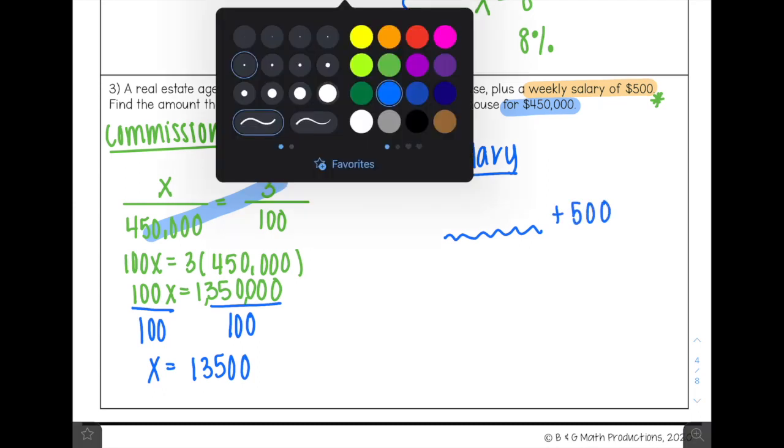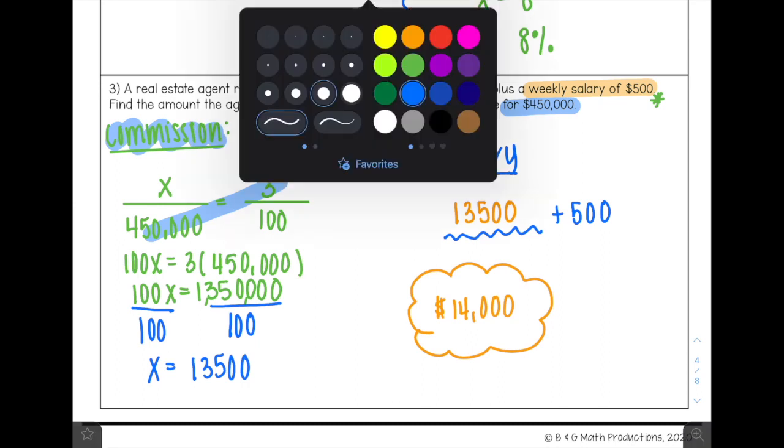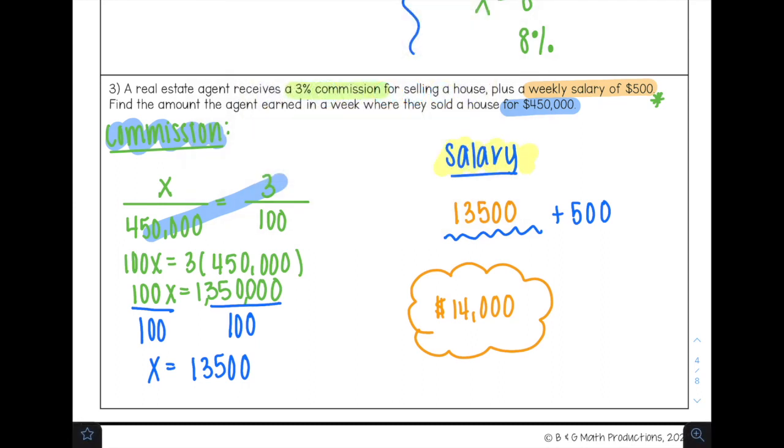Here we know our commission is 13,500, and then you add those together, and you get $14,000 as the total salary, I should say. So 14,000 is the total amount that the real estate agent earns between both commission and his salary of $500 a week.